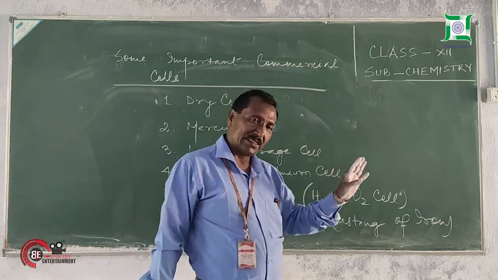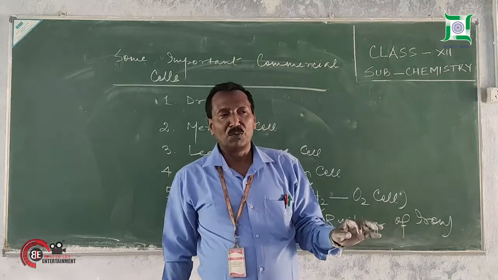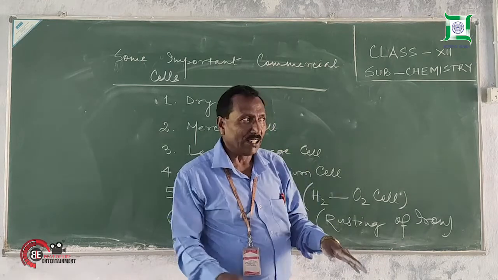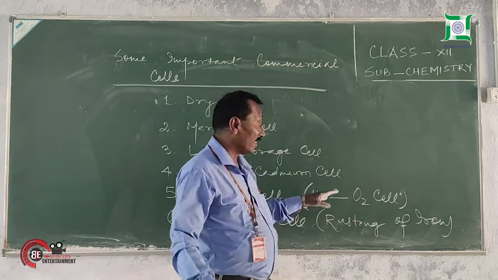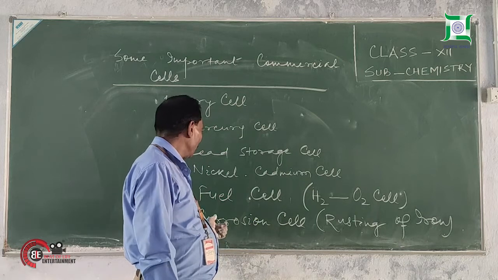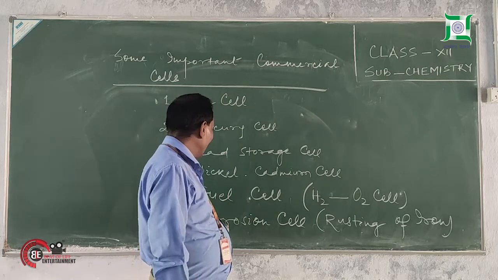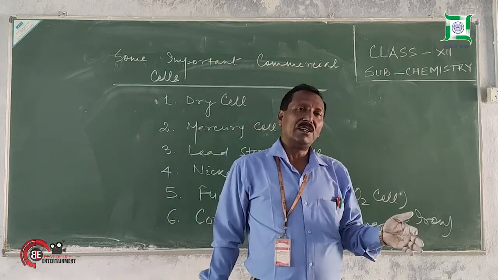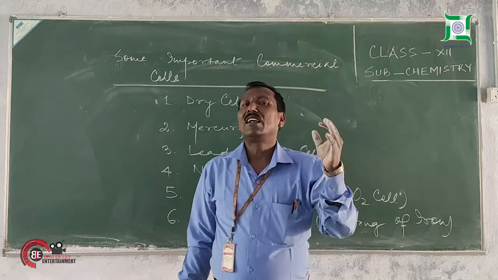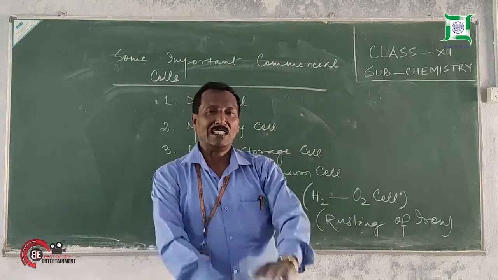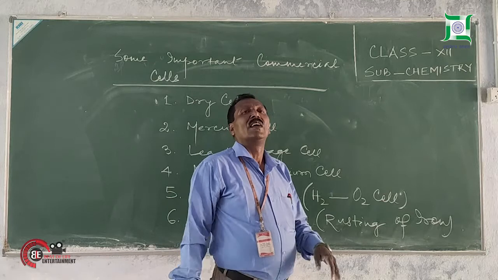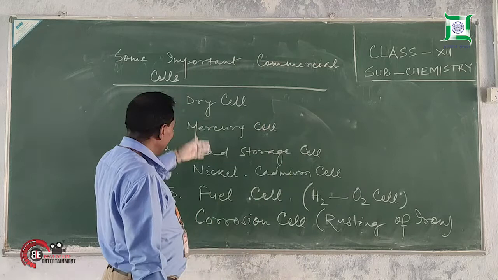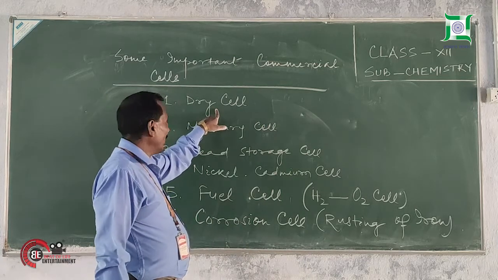Whenever iron gets rusted in the presence of moist air, developing a brown coating on it, this happens through a galvanic cell, and that is called corrosion cell. There also there will be an anodic reaction and a cathodic reaction, and combining these two reactions, we will have a cell reaction.